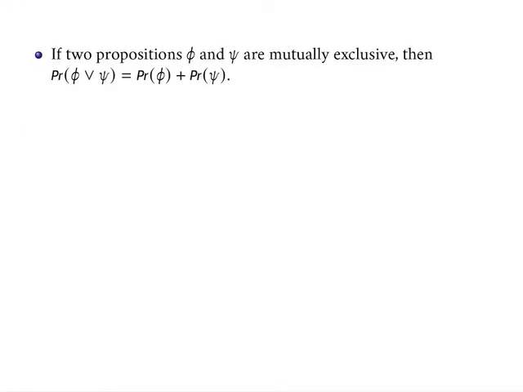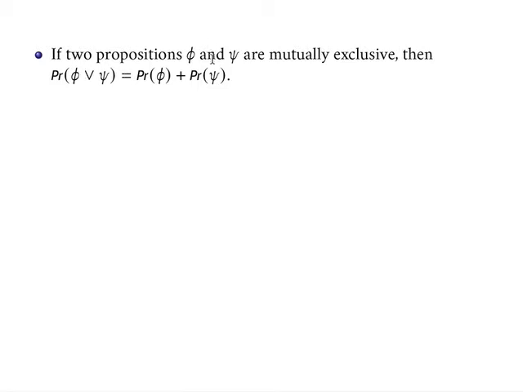And if two propositions are mutually exclusive, if it is impossible for phi and psi to be true together, then we can calculate their disjunction by simply adding together their probabilities.